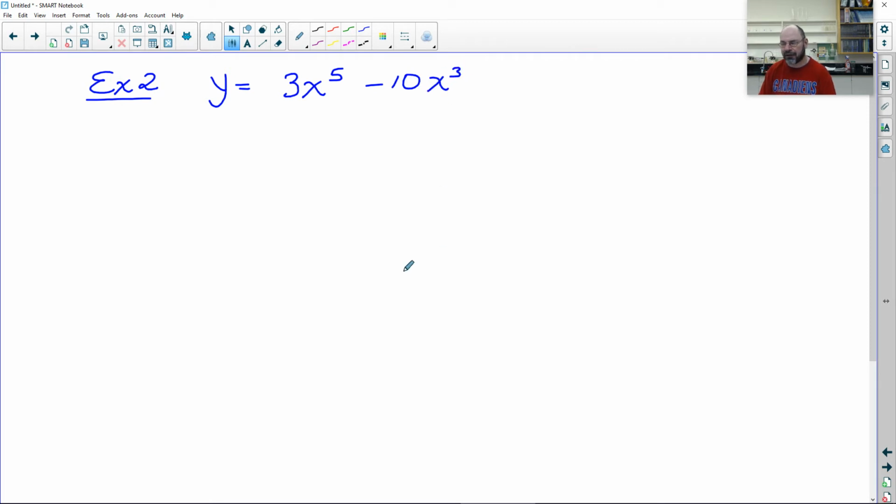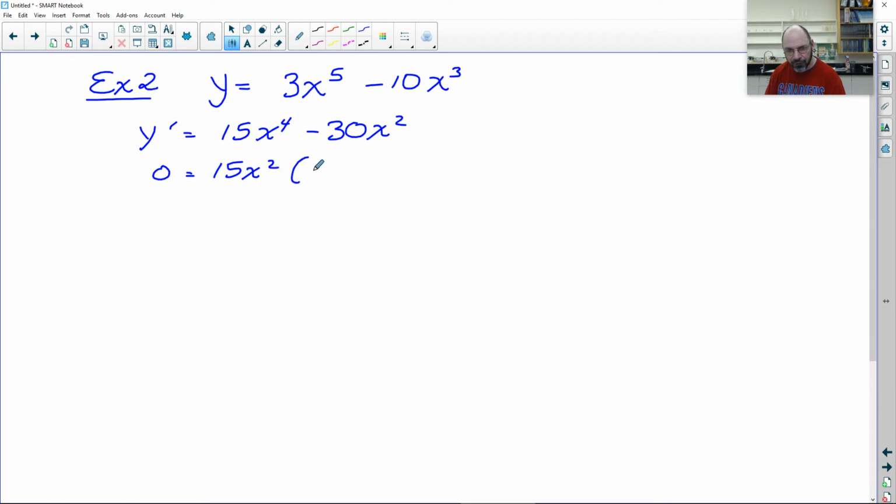So if we break this up into our y prime, 15x to the fourth minus 30x squared. So if I take this, set it to 0, we get 15x squared out front times x squared minus 2.